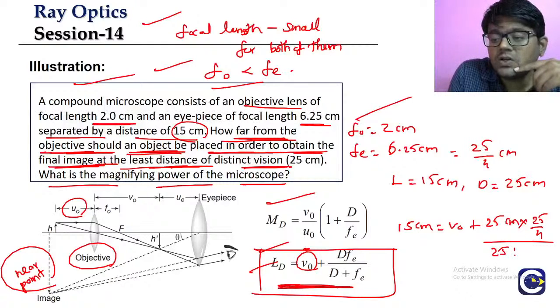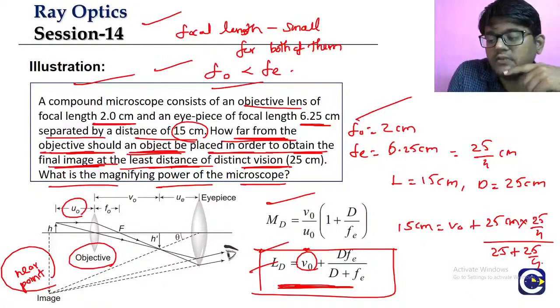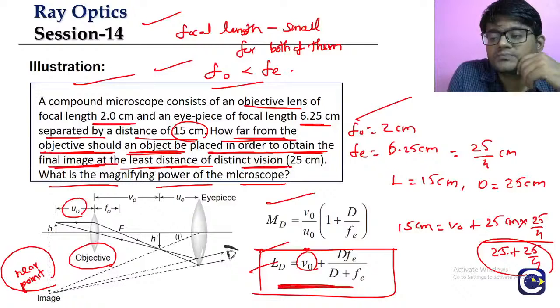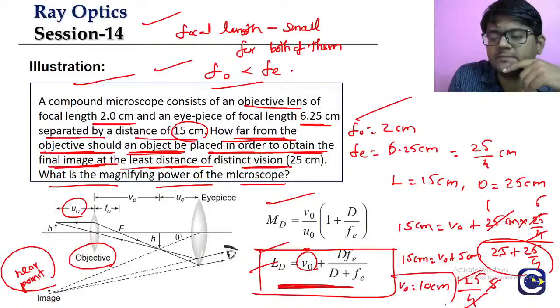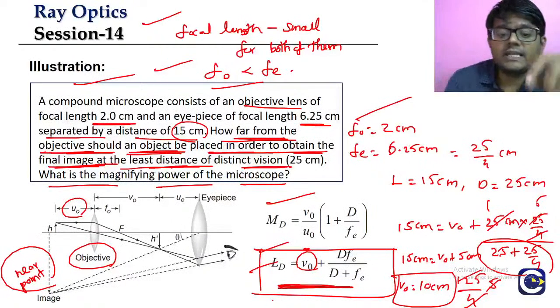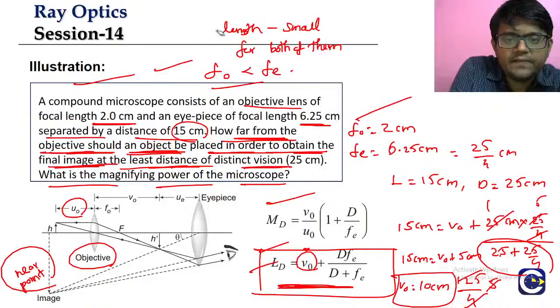D is 25, FE is 25 by 4. So 25 plus 25 by 4, if you take an LCM, denominator 25 into 4 is 100, so it becomes 125 by 4. 4 is cancelled, 25 ones, 25 fives. So we have 15 centimeter equal to VO plus 5 centimeter, which means VO will be 10 centimeter. Using the length formula we are able to get the VO.